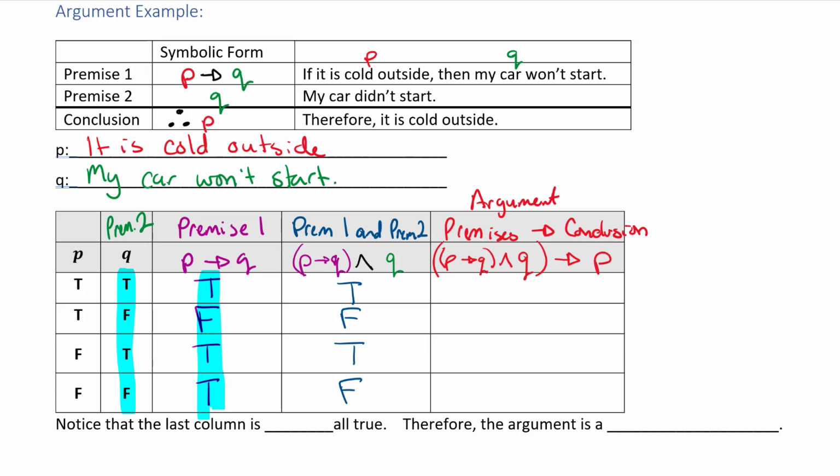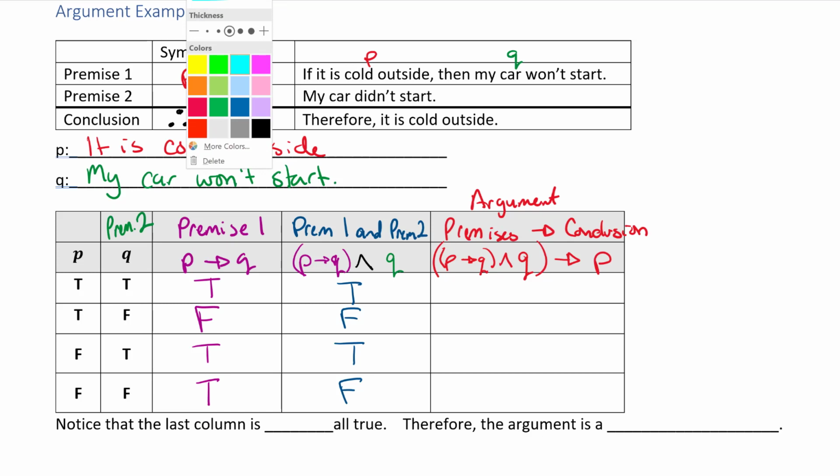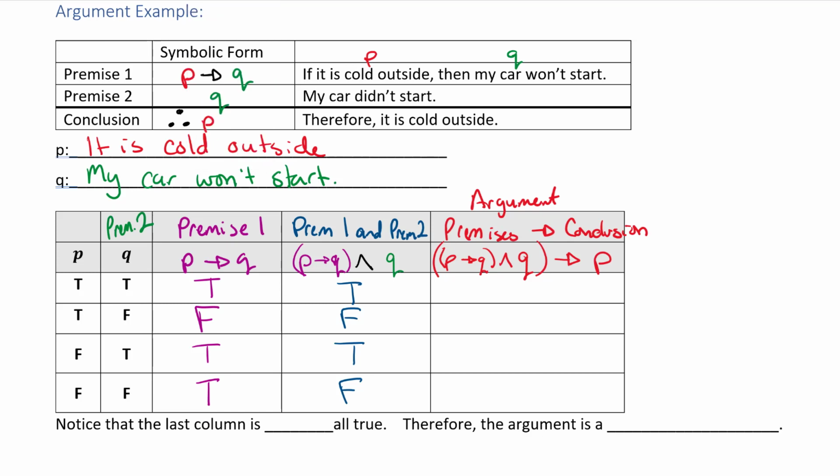So my premises, the whole premises, let me erase some of these old highlights. So my premises that I'm using right now is the 4th column. Okay, that it has both premises 1 and premises 2. And I'm trying to say that that premises implies my conclusion, which is P, which is my 1st column. So when I do this, I'm taking if the 4th column, then the 1st column.